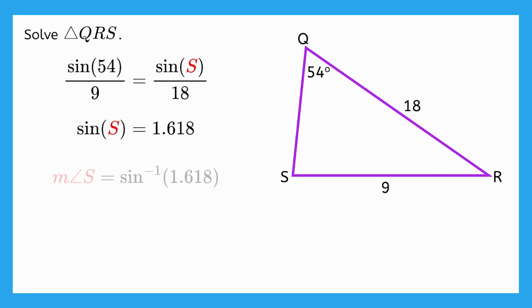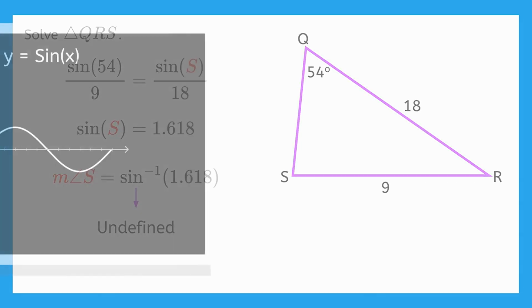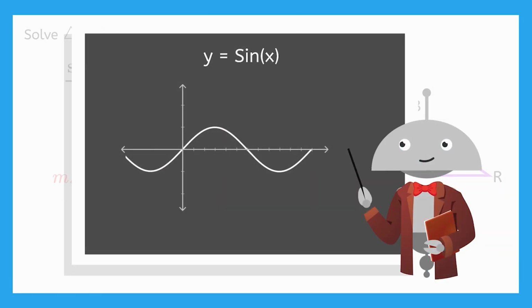But when I take the inverse sine of 1.618, my calculator says this is undefined. So, what's going on here? Well, I think back to Unit 5. Do you recall the range of the sine function? The range of the sine function is all values from -1 to 1.